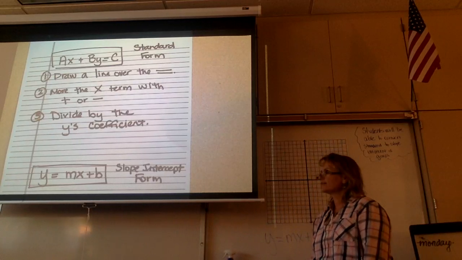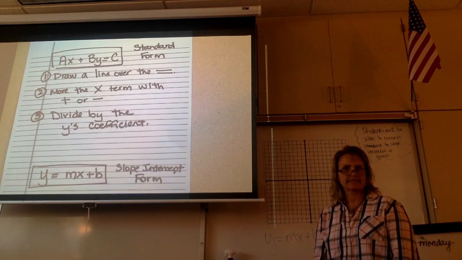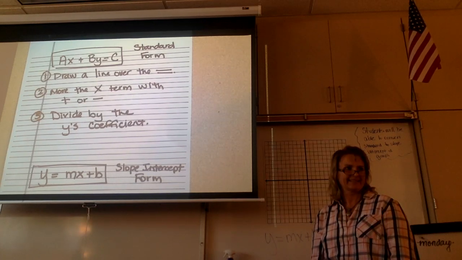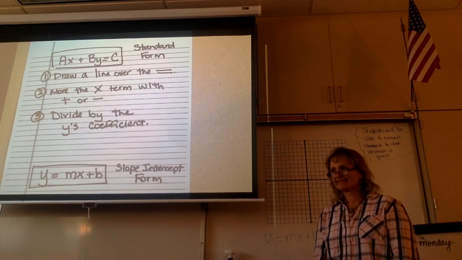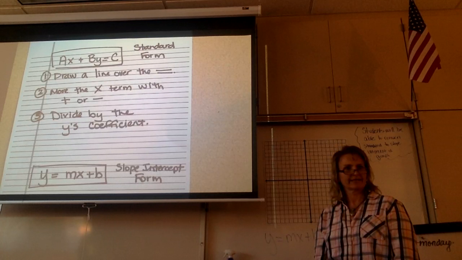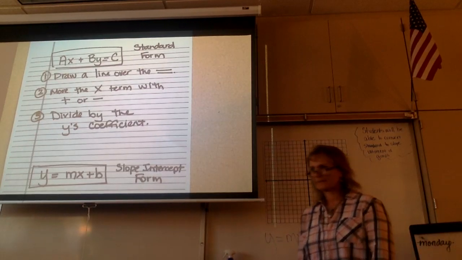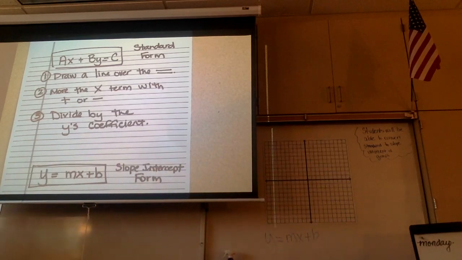Okay? Let me know when you have this written down, and we'll get on to our first example following these steps. Okay. See a lot of pencils moving. Good, good, good. You got there? Yes. Okay.